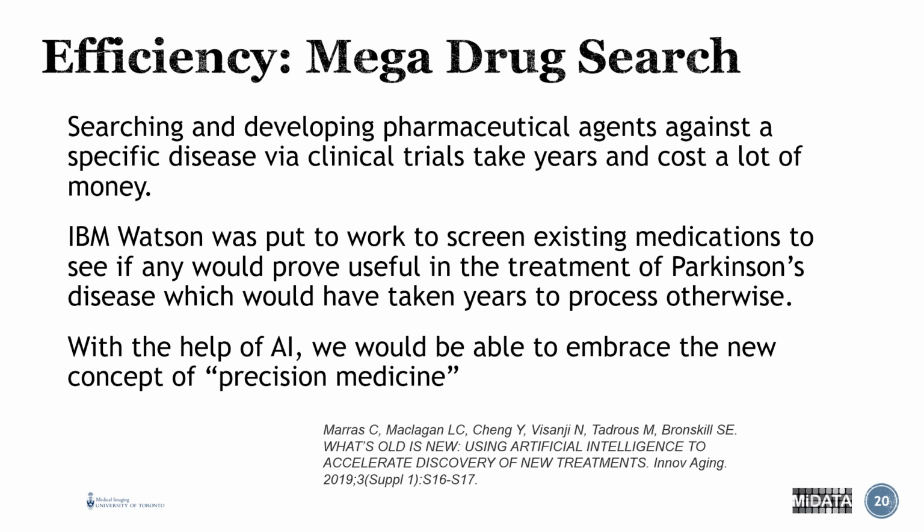One of them they did was looking for medications to treat Parkinson's. They made a bit of a splash about it a couple of years ago. And this is an example of how these AI tools can be used to increase efficiency. Because sure, you can do it by hand with a team, but it would take years as opposed to IBM Watson, which took a fraction of the time.